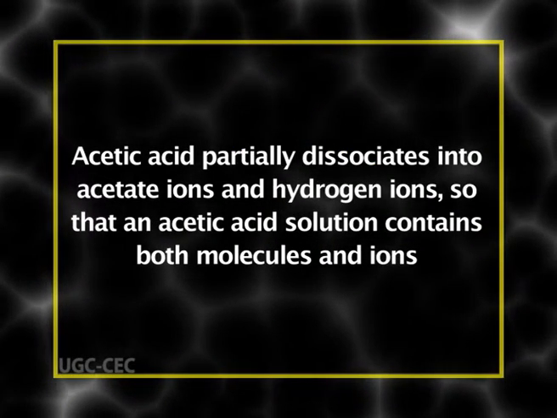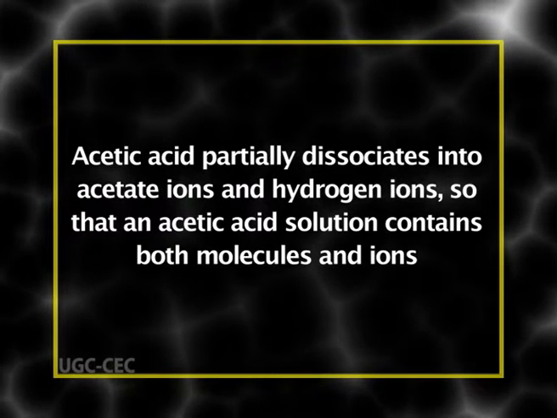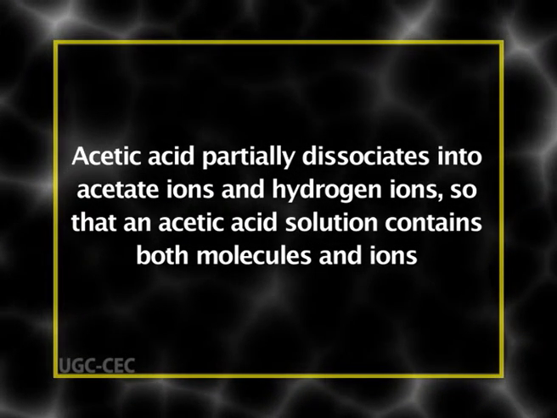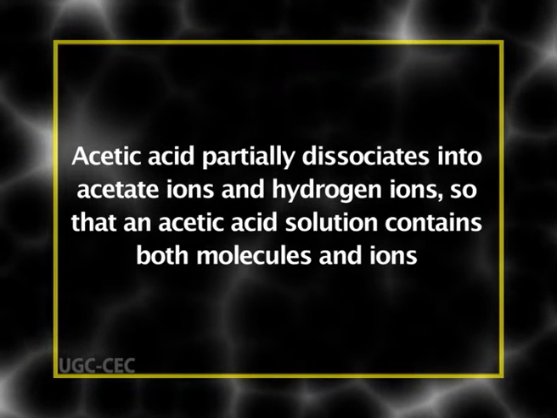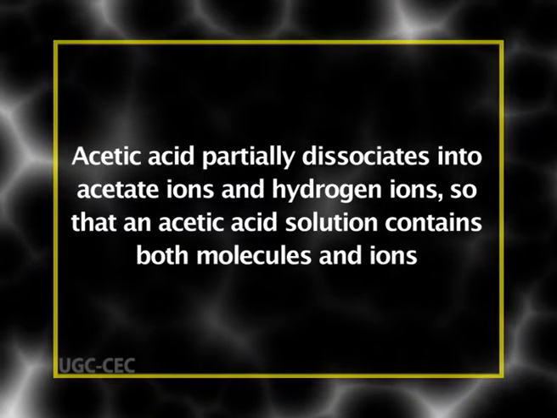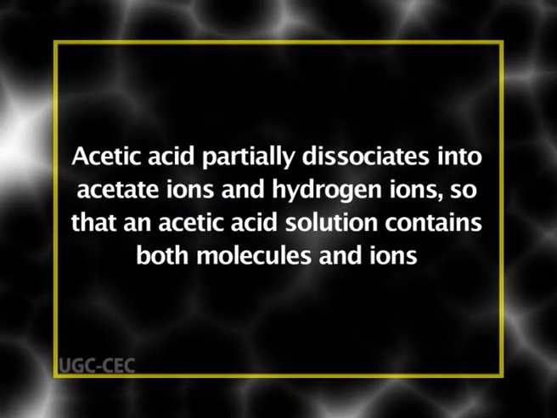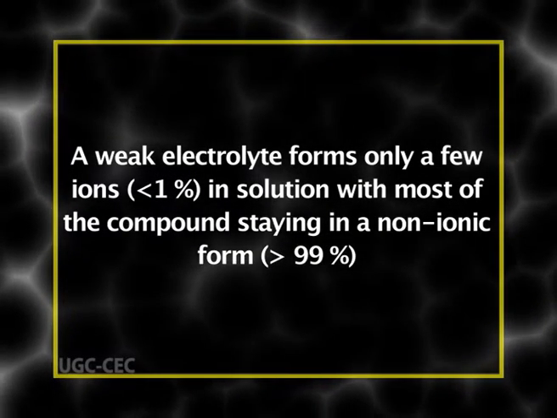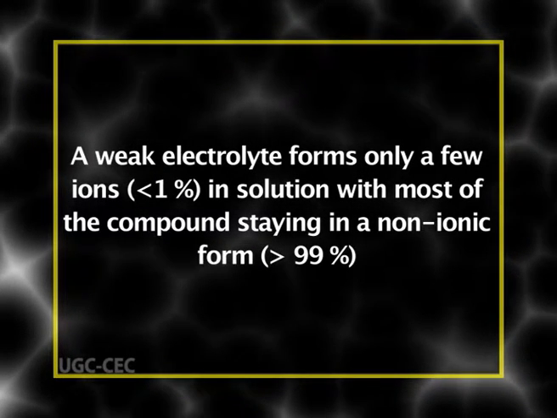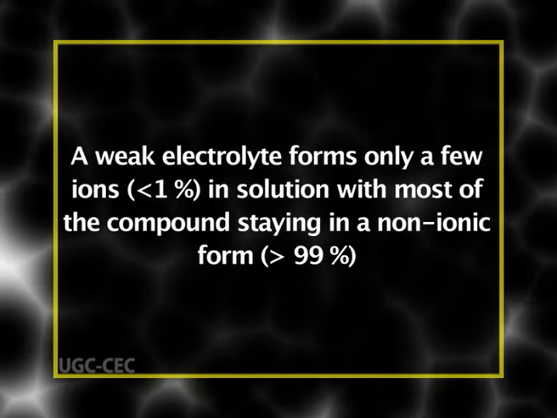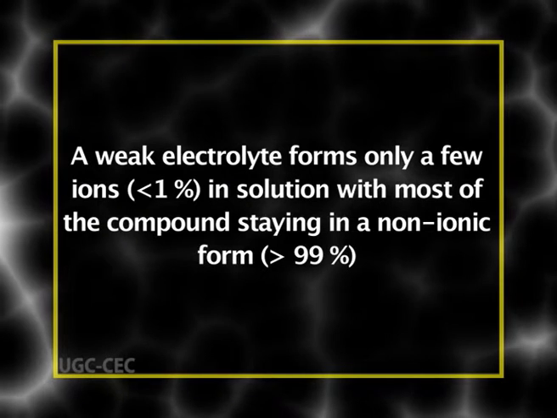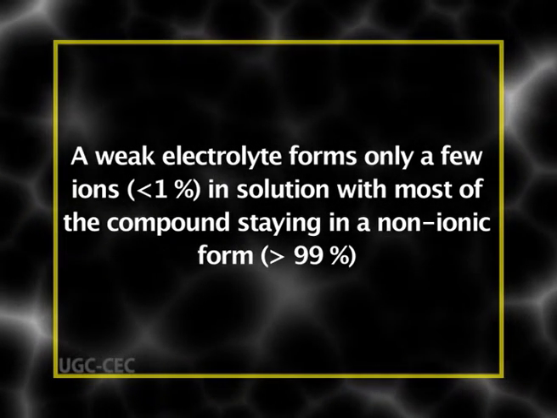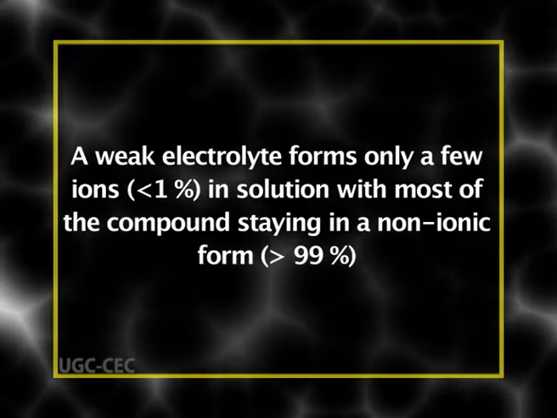For example, acetic acid partially dissociates into acetate ions and hydrogen ions, so that an acetic acid solution contains both molecules and ions. A weak electrolyte forms only a few ions, less than 1% in solution, with most of the compounds staying in a non-ionic form. That's greater than 99% stays in the non-ionic form.